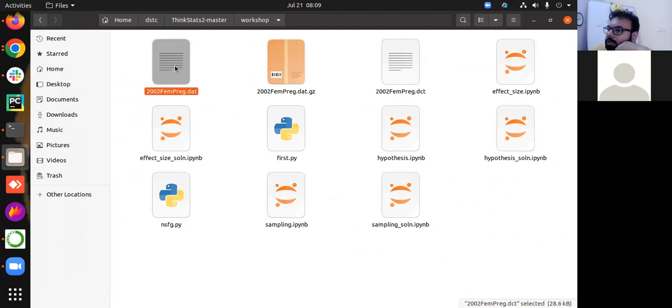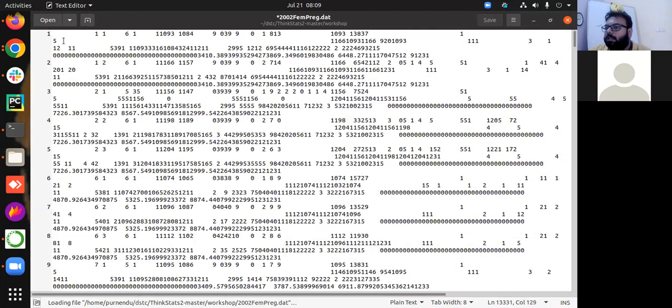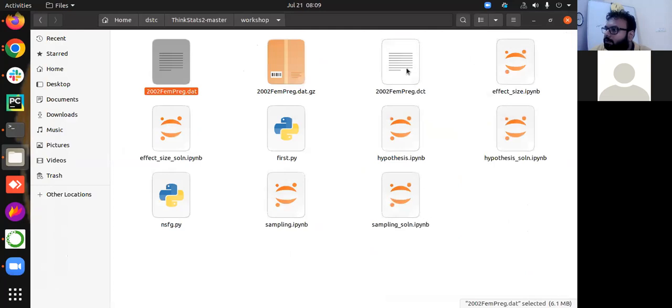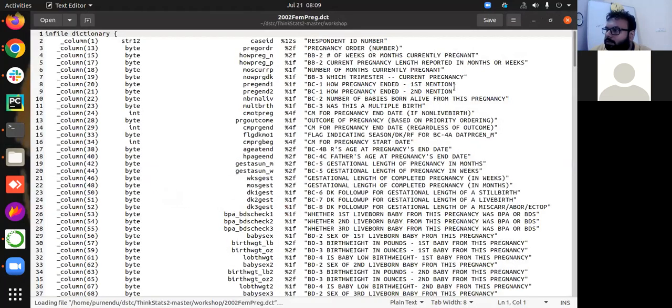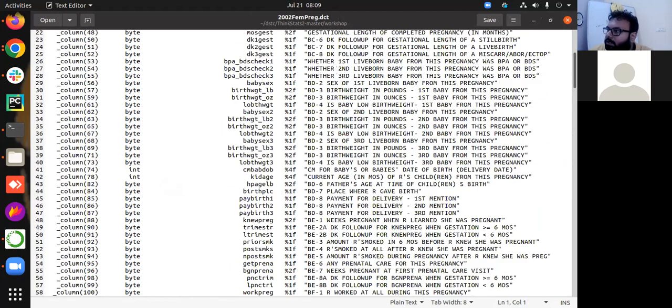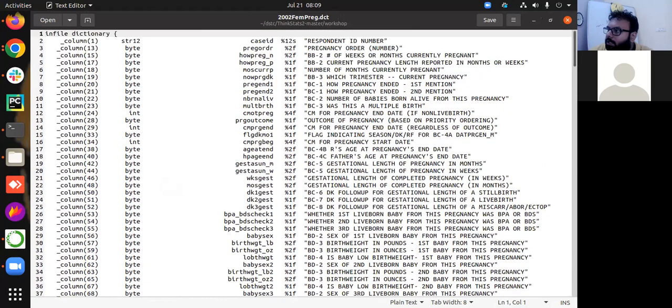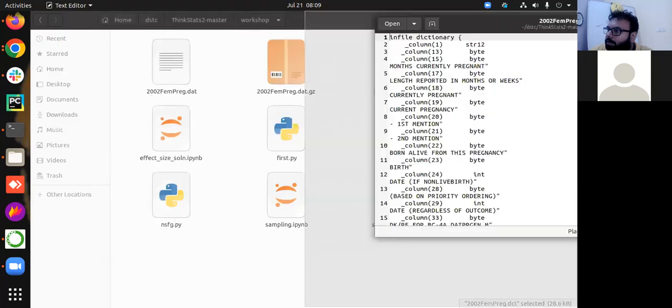In order to understand this data set, we need to understand what the meanings of different columns are and what the data types of different values are. So we will need this. And this is a dictionary, and it tells what data in that particular file means.